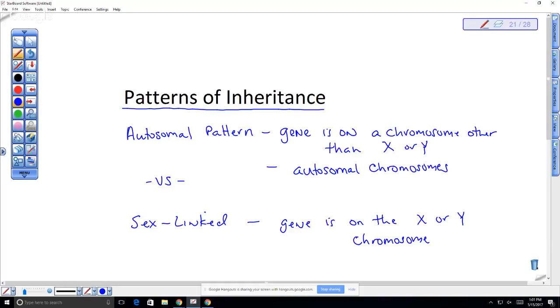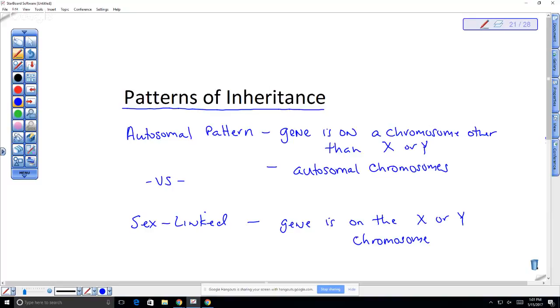Most sex-linked traits are actually, we'll talk about this not today, but most of them are on the X because X is so much bigger than the Y. Although being a male or a female, which we're going to look at in lab today, actually depends upon a gene that is on the Y chromosome. So this is one way we can describe patterns of inheritance, as autosomal or sex-linked.